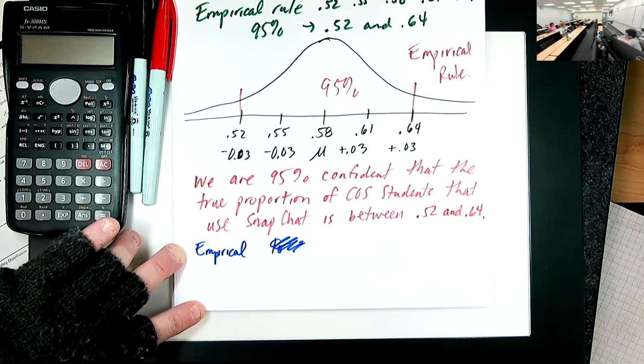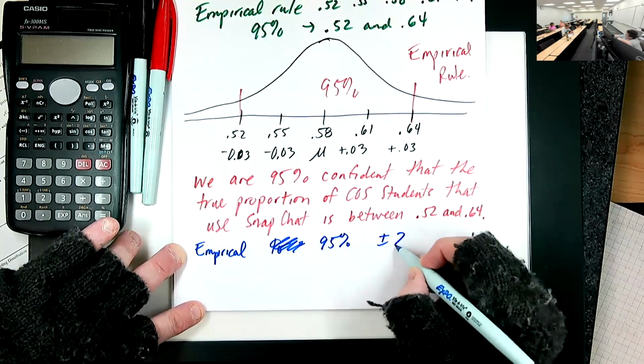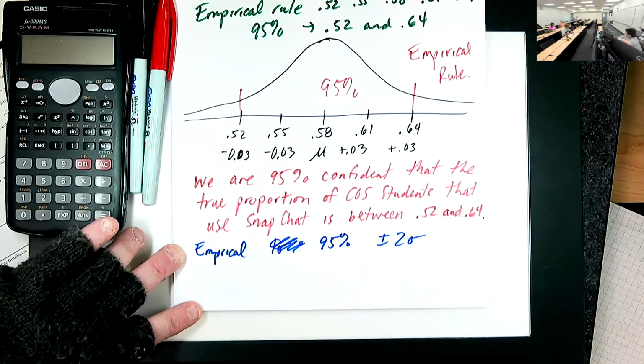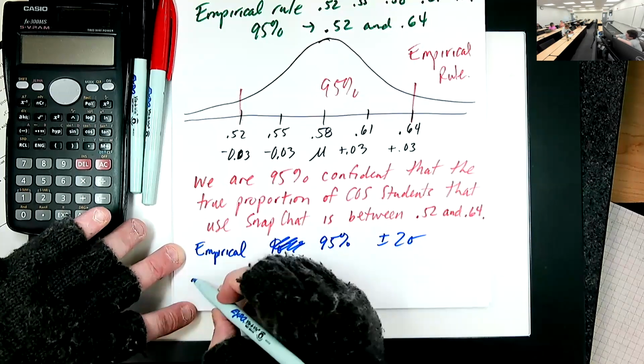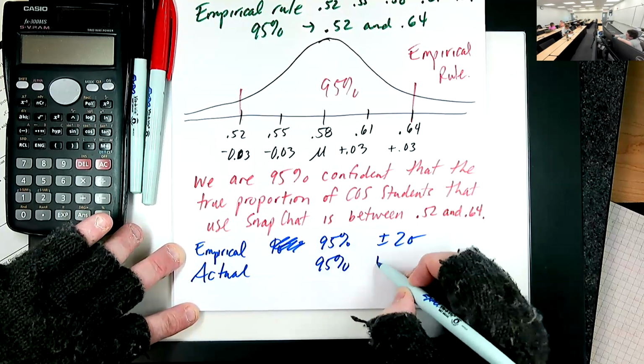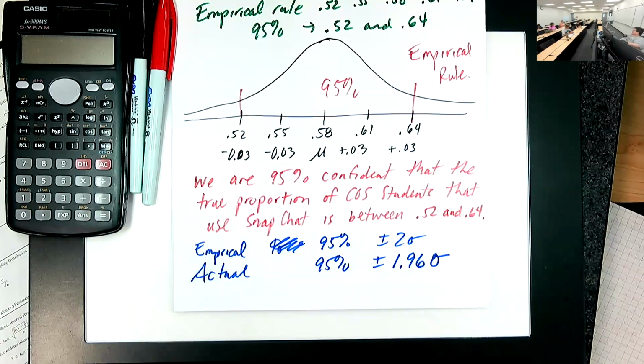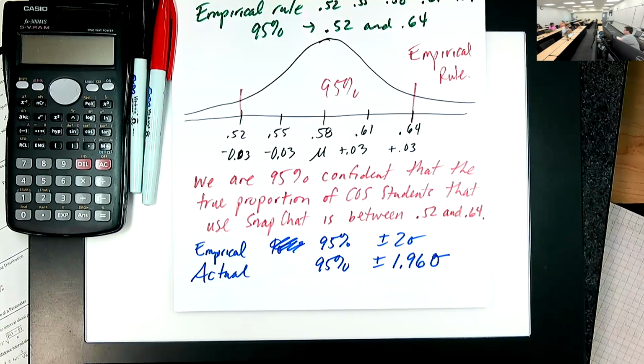I think that the empirical rule for 95% says plus or minus 2 deviations. The actual 95%, this is a better way: the actual 95% is plus or minus 1.96 deviations. That's a better way of saying this. And I will show you this in StatCrunch where I get all these values.